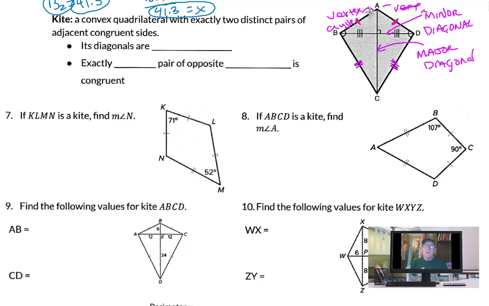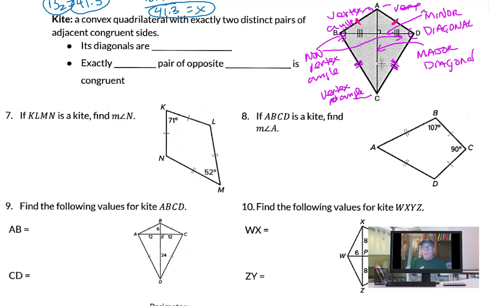So this is the vertex angle, and this is also a vertex angle too. And these are non-vertex angles. That's a non-vertex angle, and this also is a non-vertex angle. The non-vertex angles in a kite are congruent.